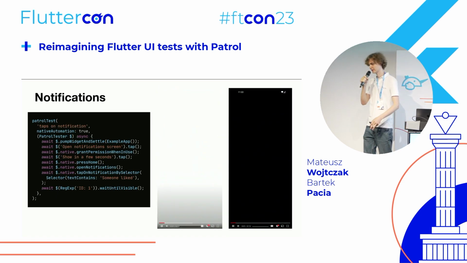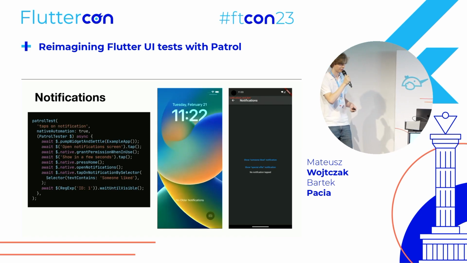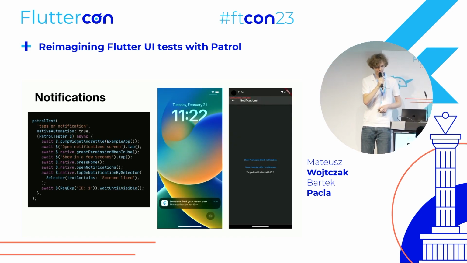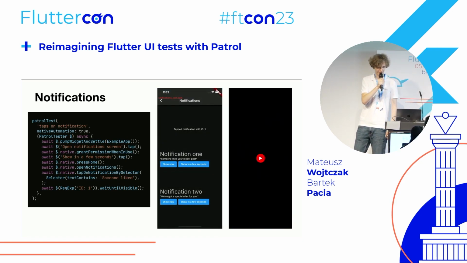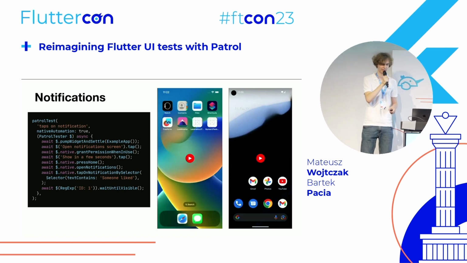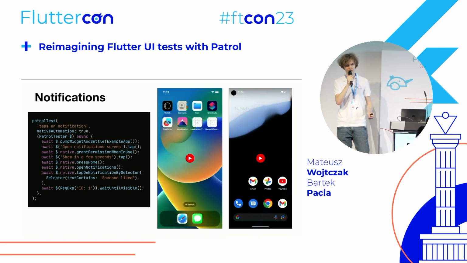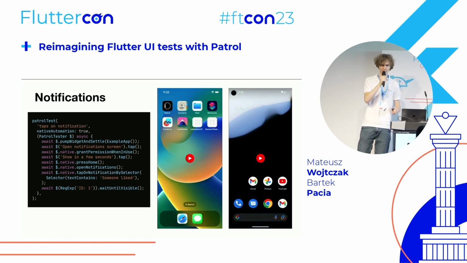We weren't able to interact with notifications before, and now we are, thanks to the $.native.openNotifications method. And then we can slide down the notification shade and interact with notifications just like we interact with all other native UI. So if we tap on a notification, we can go back to our app and assert that some state has changed in response to the tap on that notification.